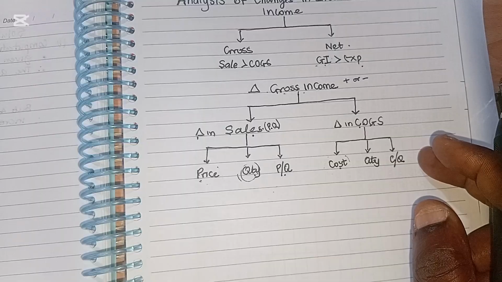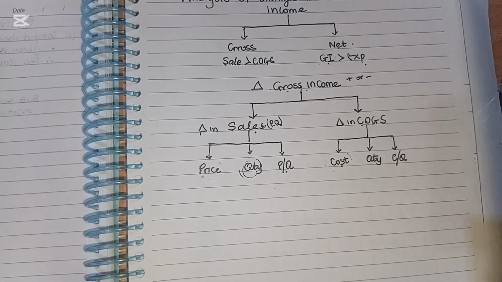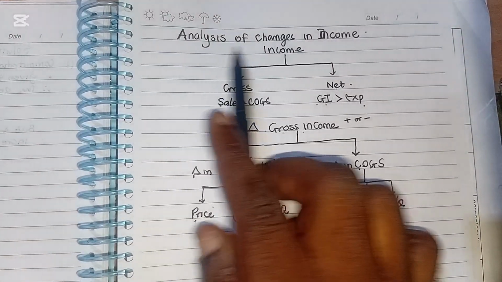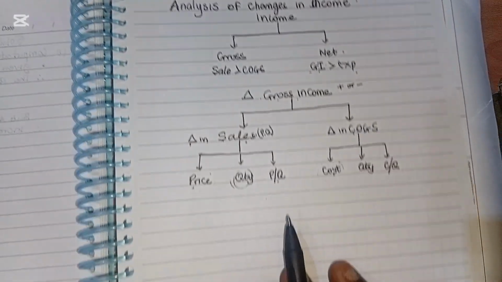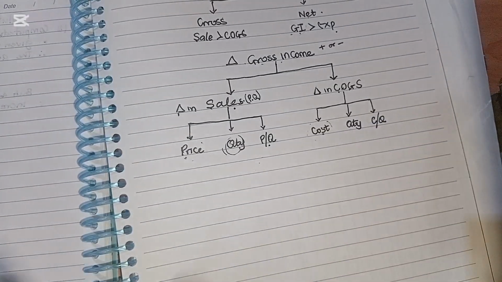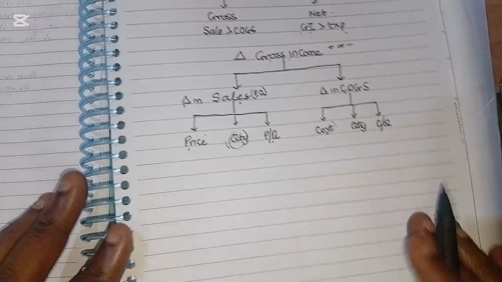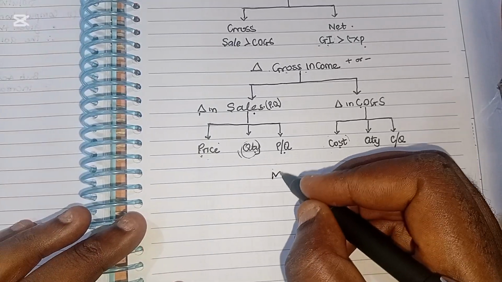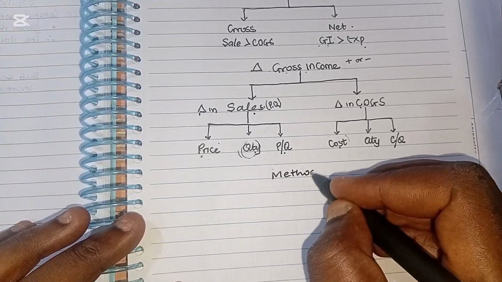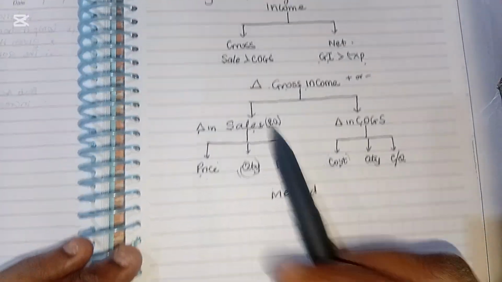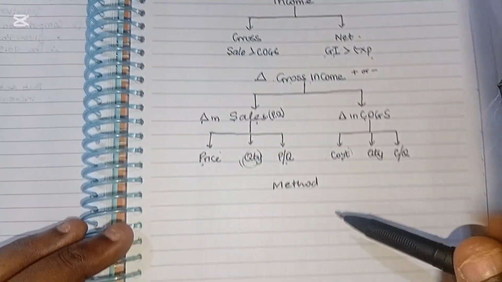Now, to carry out this analysis in detail, there are two methods of analyzing changes in income.